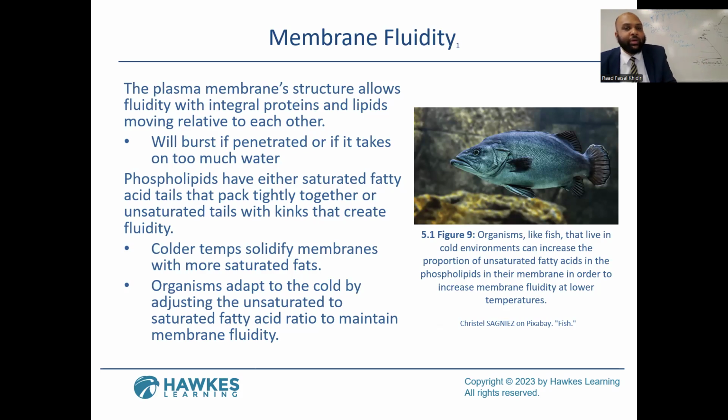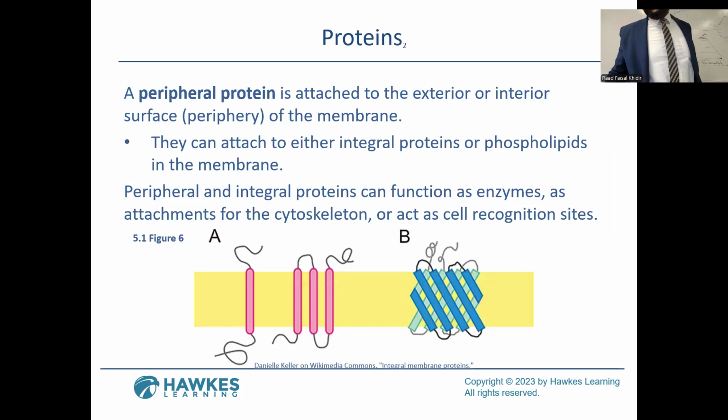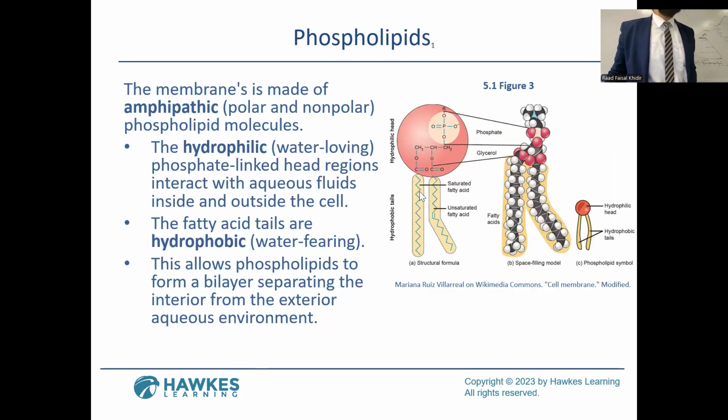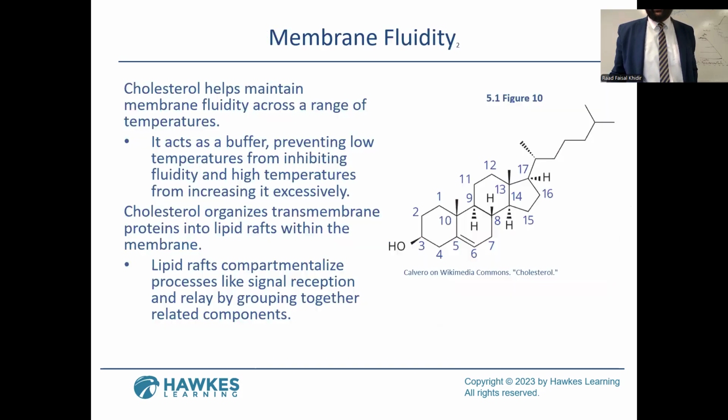So a question would be: a plasma membrane that has a lot of saturated fatty acids, is it going to be fluid or rigid? It's going to be very rigid, because the kink makes the plasma membrane more fluid. So the more kinks there are, the more fluid the plasma membrane is.